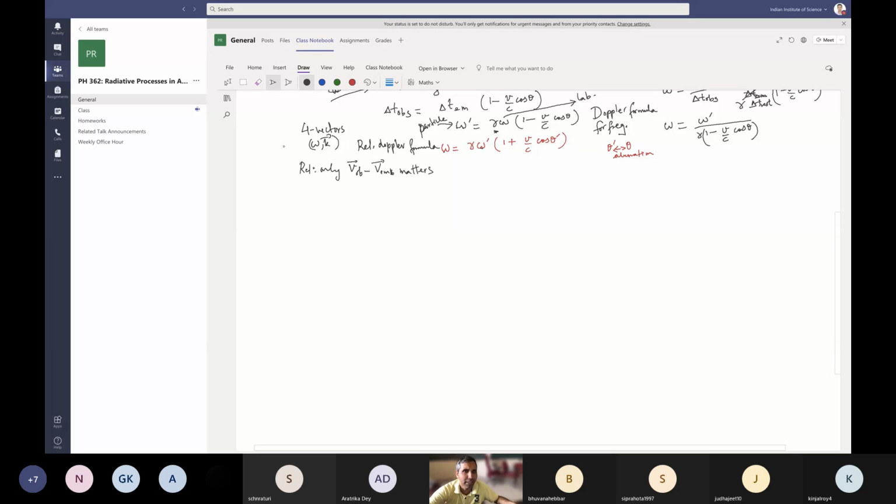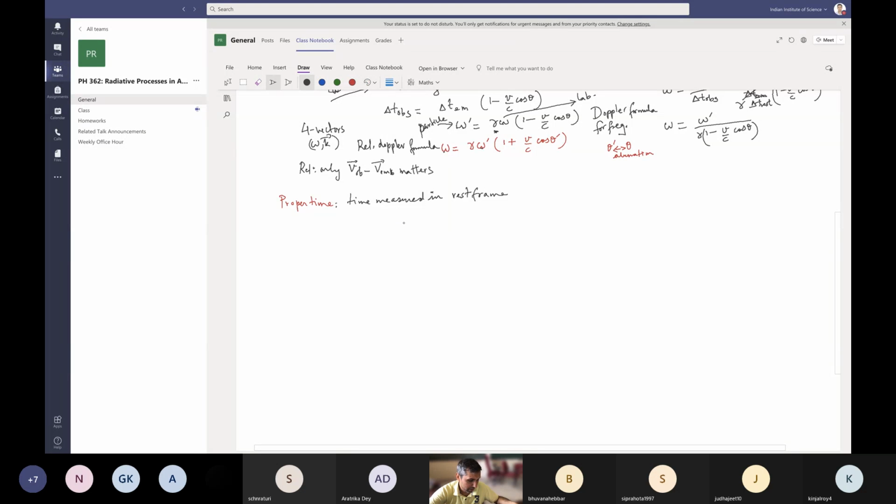Okay, so the last thing is I want to just define proper time. Proper time is the time measured in the rest frame, right?